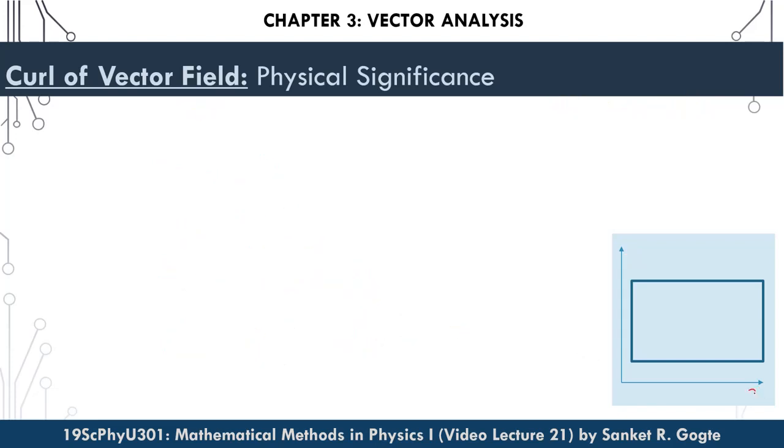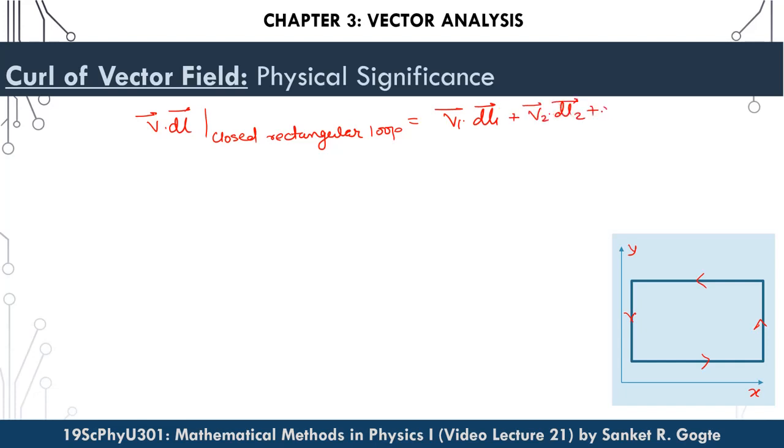Let's now get the z component of this line integration for the closed loop, which is denoted like this: v dot dl over the closed rectangle, which is equal to v1 dot dl1 plus v2 dot dl2 plus v3 dot dl3 plus v4 dot dl4.